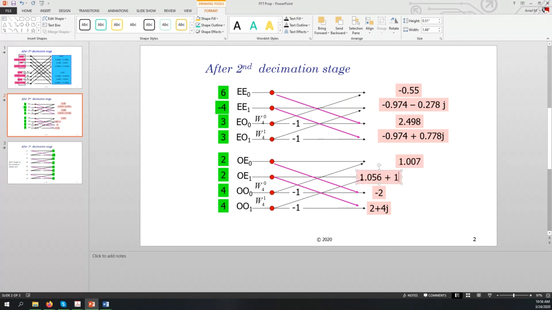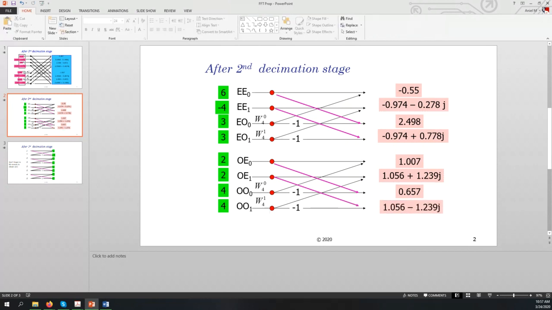1.056 plus 1.239J, 0.657 minus 1.239J. Right.